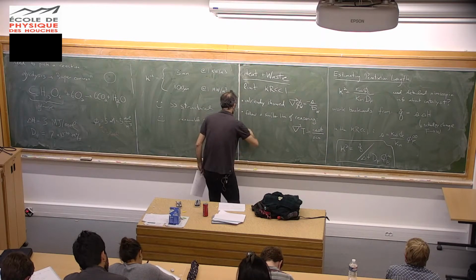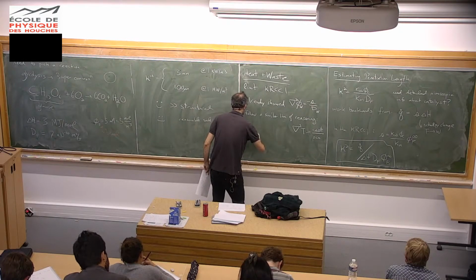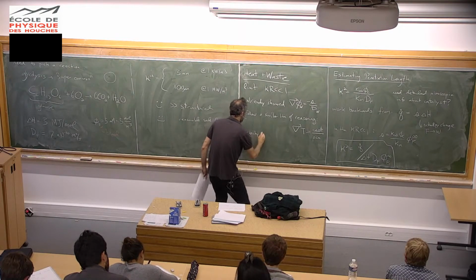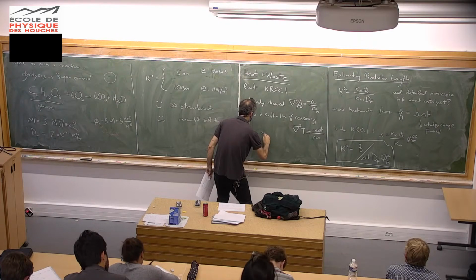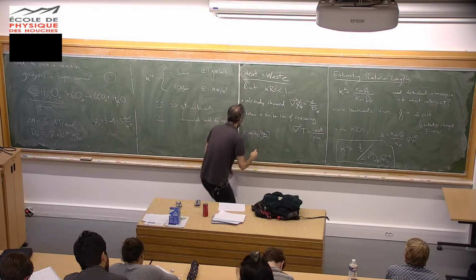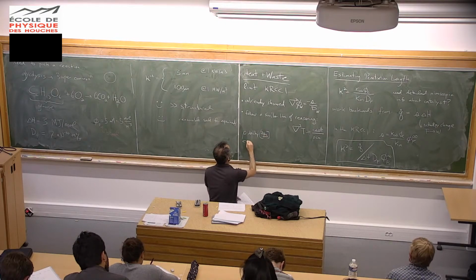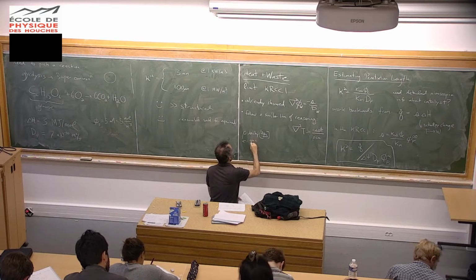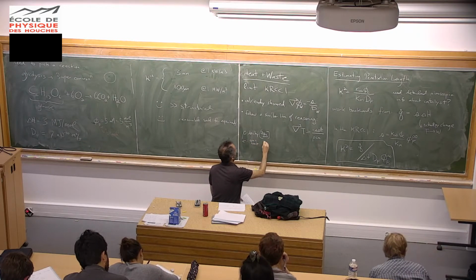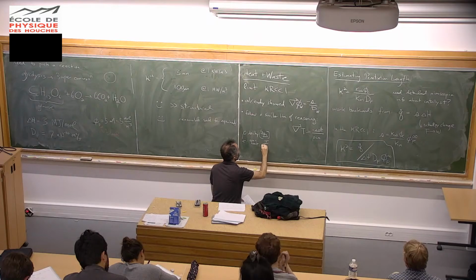So rho is just the density, in kilograms per meters cubed, right? And C is the specific heat, and that is joules per kilogram.